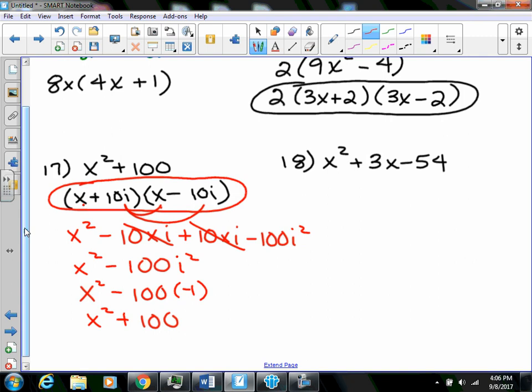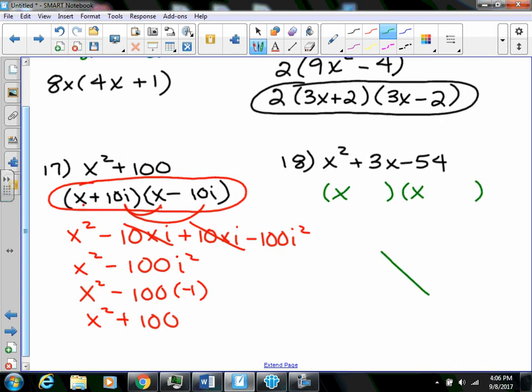Now for number 18, 18 is very basic. You have a leading coefficient of 1, and so you start thinking to yourself, can you find two numbers that will multiply to give you a negative 54, but add to give you a positive 3? The answer to the question is yes, you can, and that will factor to be x here and here.